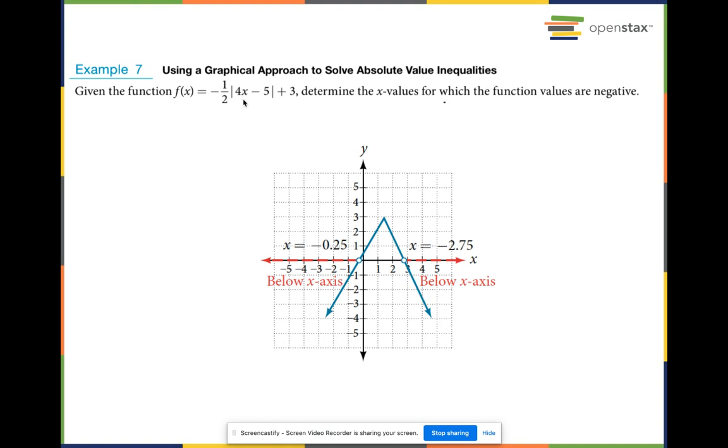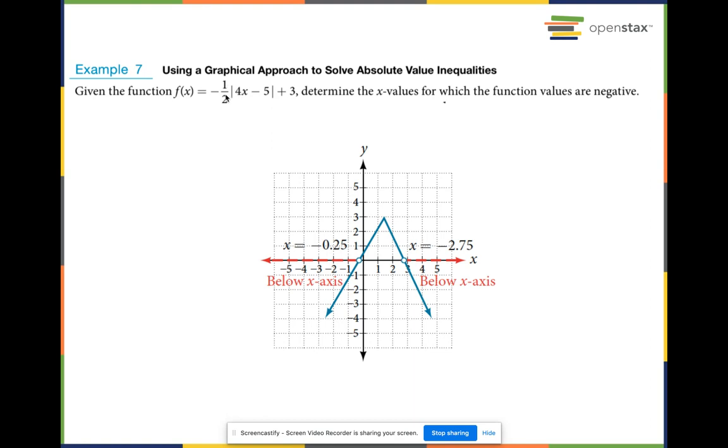We'd have to factor out this 4 to see it: it was horizontally compressed by a factor of 4, and shifted to the right by 5 fourths. It was shifted up by 3, and then vertically stretched by a factor of 2.